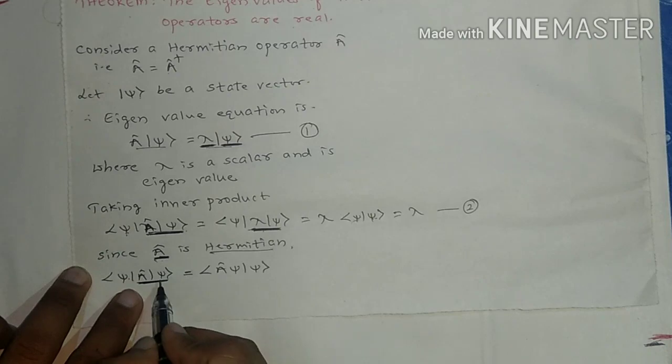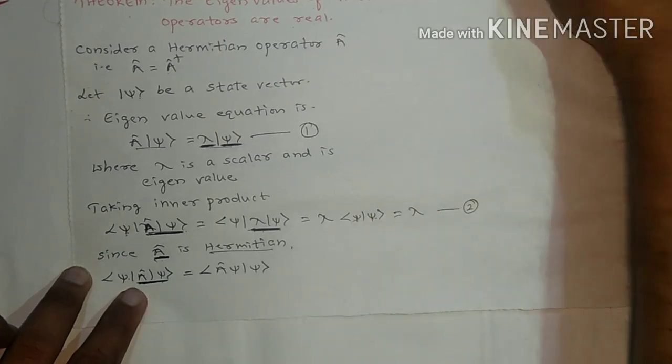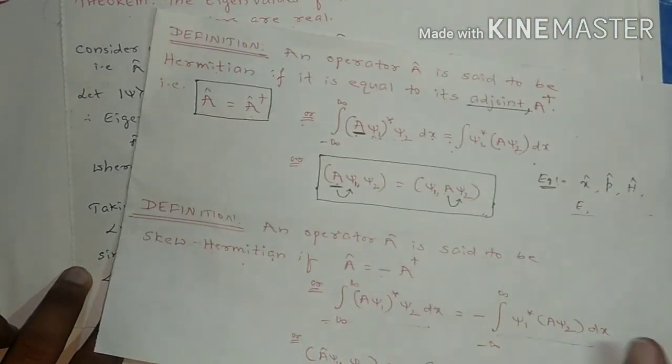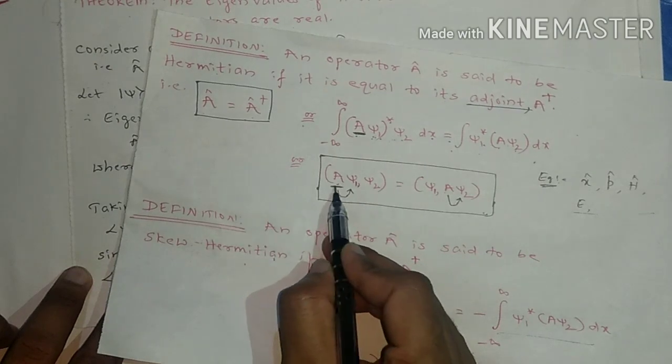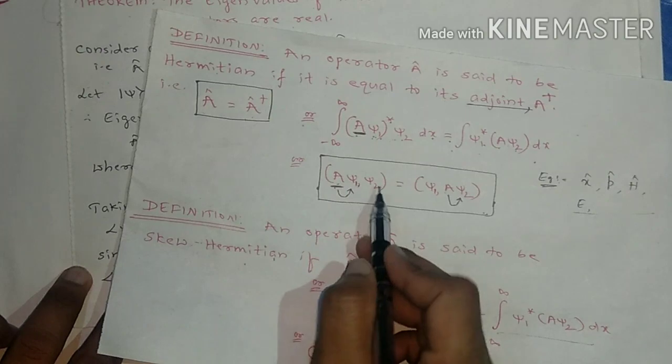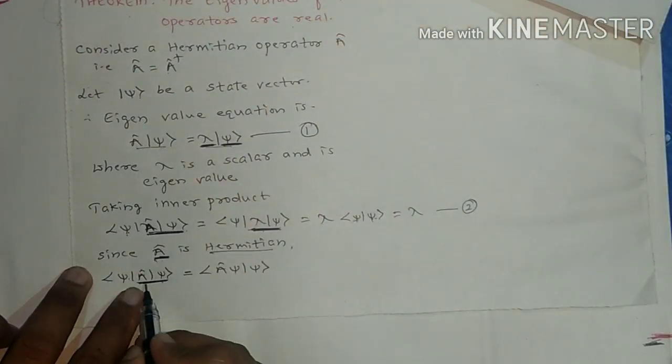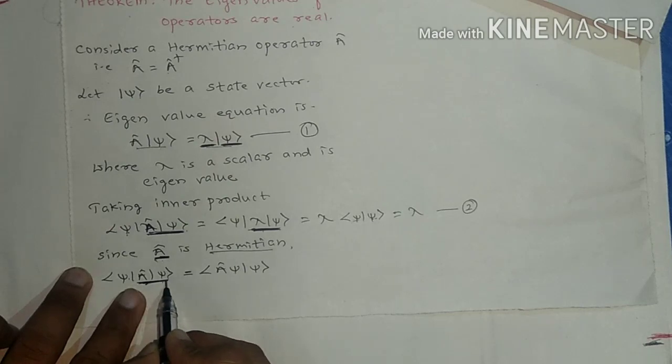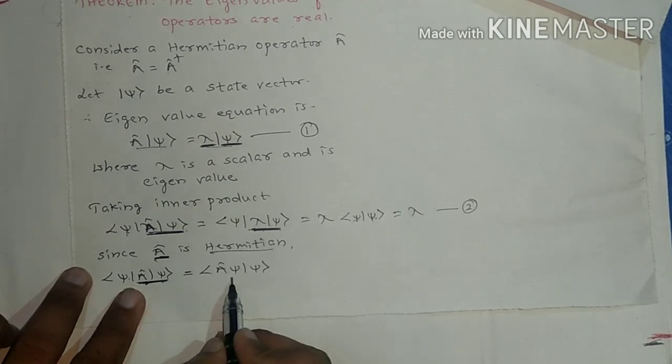In the definition of a Hermitian operator we have seen that A can associate with the bra or it can associate with the ket, and there will be no change.